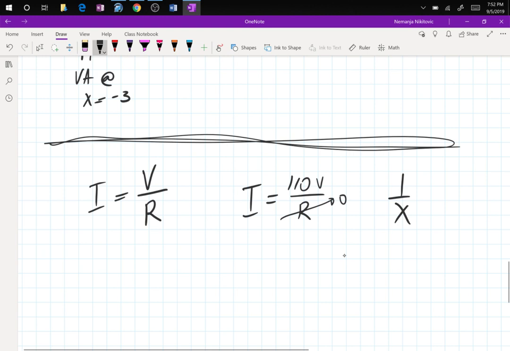So if I have 1 over x and we look at the graph, as you go to 0, this would be your current, this would be your resistance. As you go to 0 for resistance, which is you taking a piece of wire and sticking it in both poles at the same time, the current would try to go to infinity.